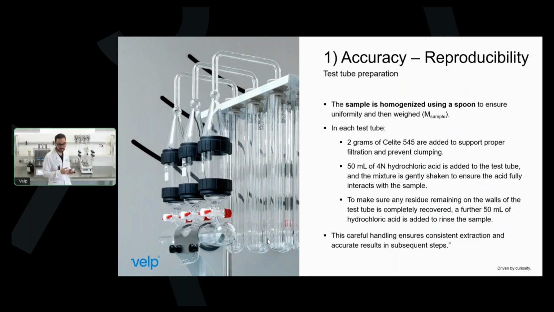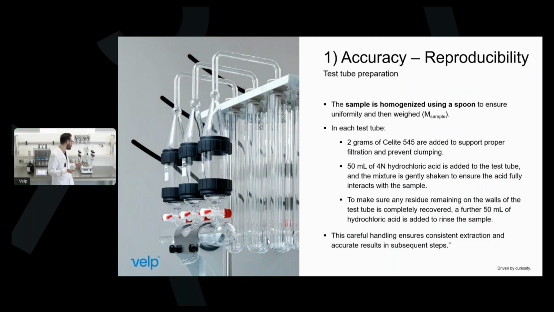It's really important to make sure that no residue remains on the walls of the test tube, because if some residue remains there, the digestion of these particles does not happen. So it's important to homogenize everything inside the test tube.